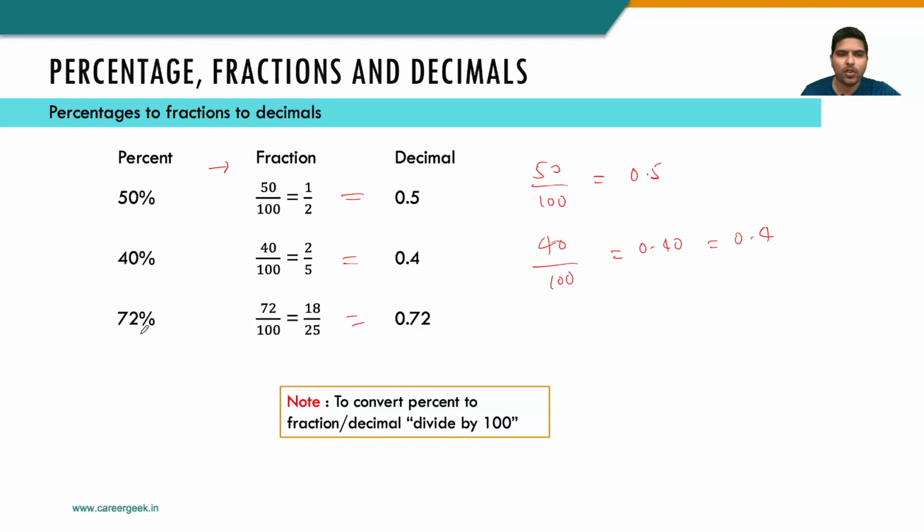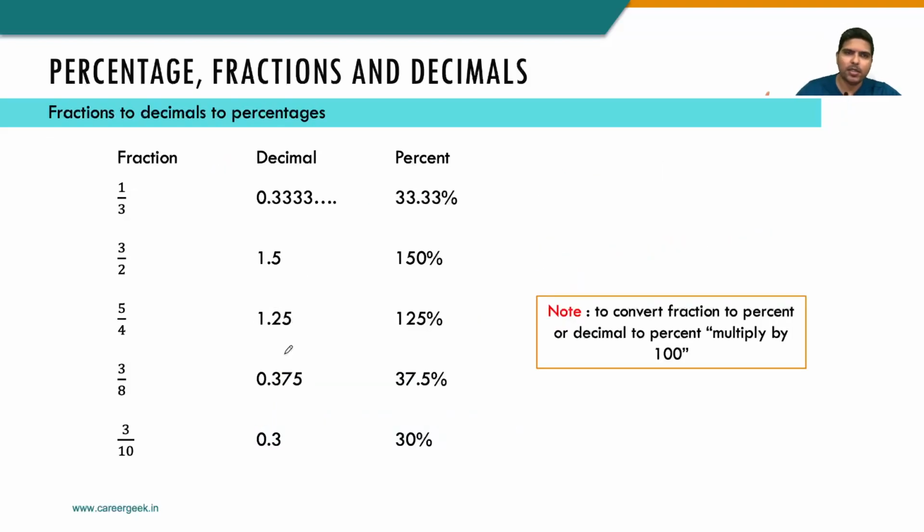Same way, 72% in decimals is 0.72. For fractions, we cancel and come to the simplest form, but for decimals, we just put 2 decimals, right? So this is fairly simple.